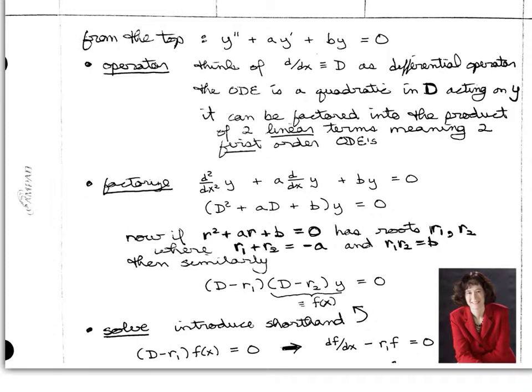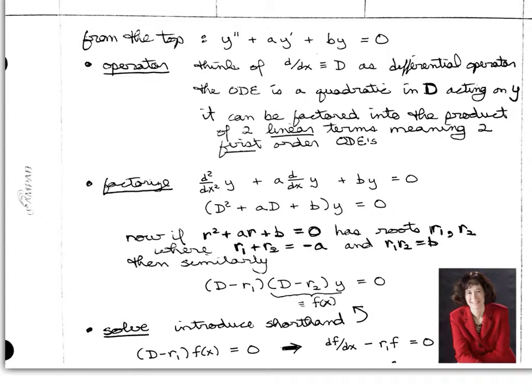If the quadratic r squared plus ar plus b equals 0 has roots r1 and r2, those roots would follow the usual rules that you get by using the quadratic formula, right? The sum of them would equal minus this coefficient a, and the product would equal this coefficient b. So those roots r1 and r2 should apply in this case as well.